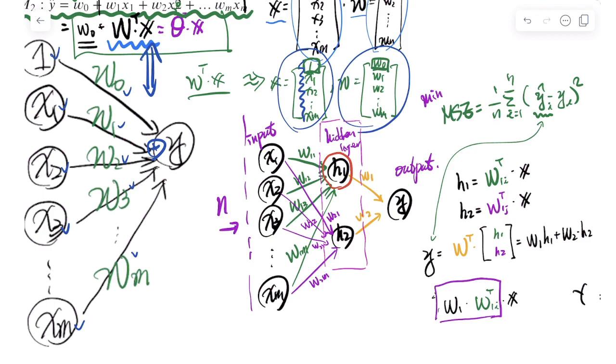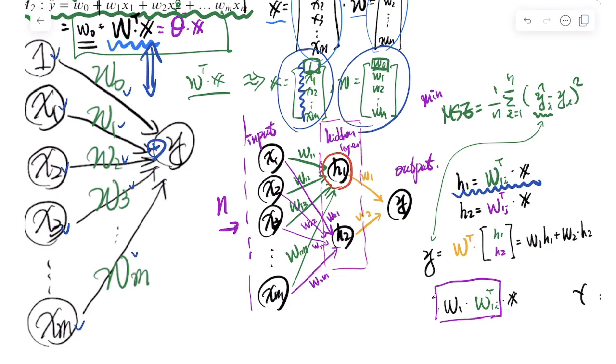That means h1 equals x1 times w11 plus x2 times w12 plus x3 times w13, and so on and so forth until xm times w1m. So h1 is something like that. The weight is in green. So that is a point of view to describe the relationship between x and h1.